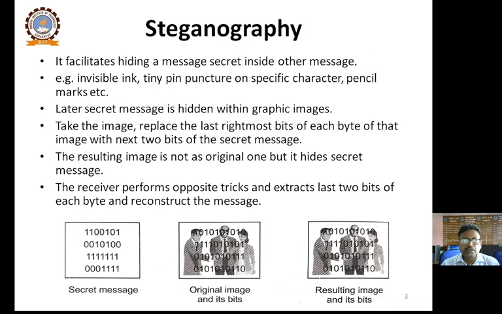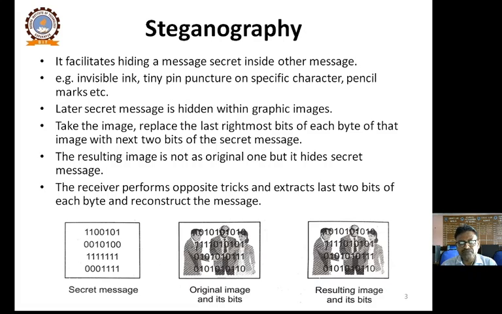Now, another kind of hiding the message is known as steganography. We know that it is different from cryptography. Cryptography is a method or a technique by which we are encoding the message into a non-readable form.